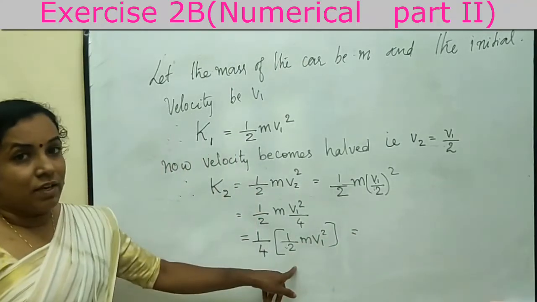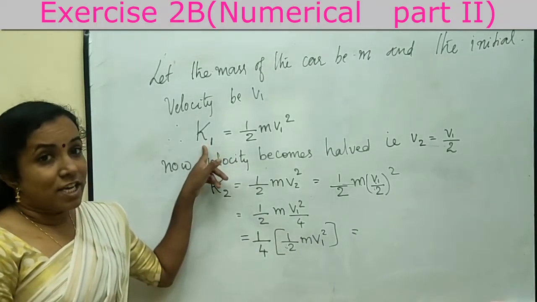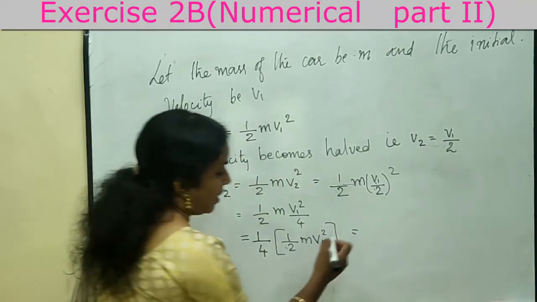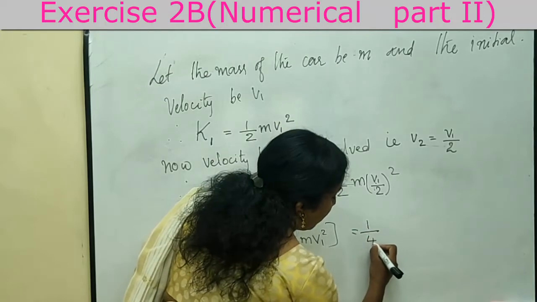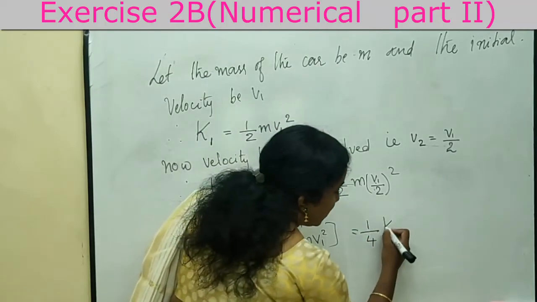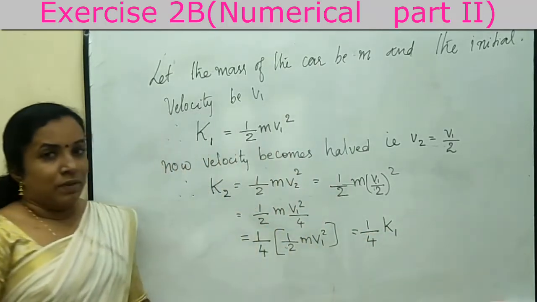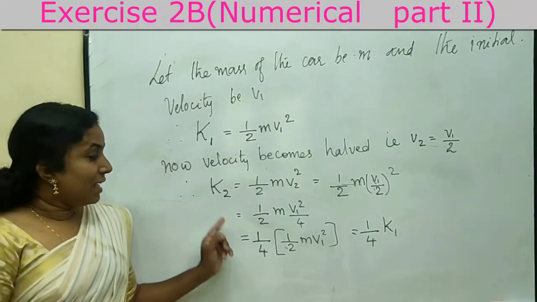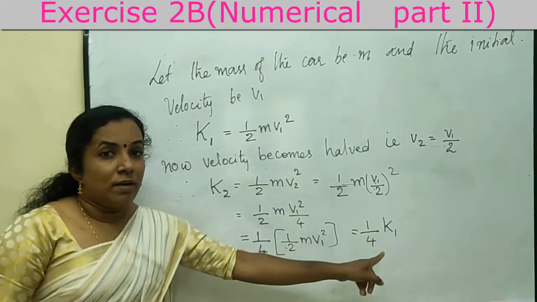What is half m v1 square? It is the initial kinetic energy. Therefore, it is 1 by 4 the value of initial kinetic energy. That means the kinetic energy becomes 1 by 4th.